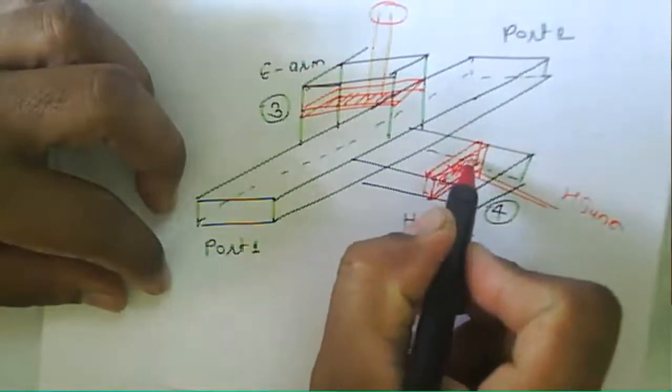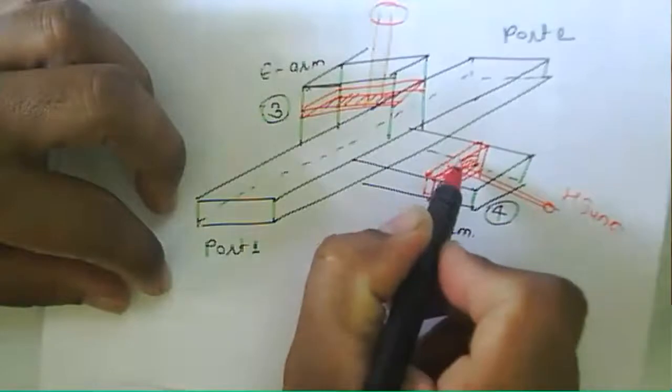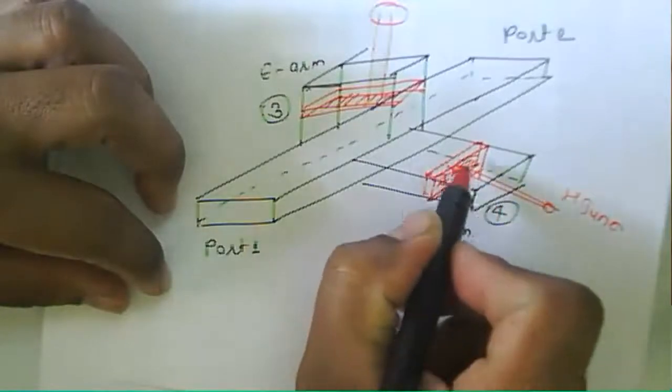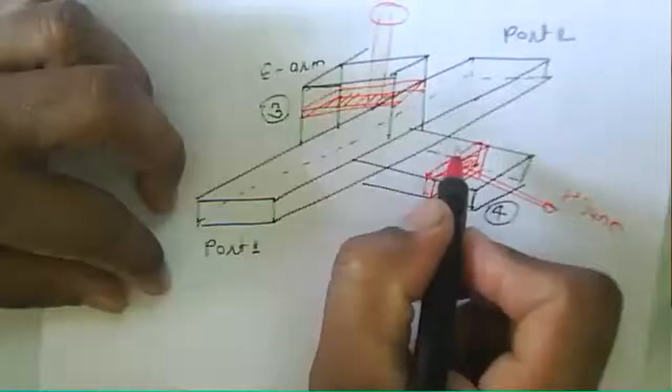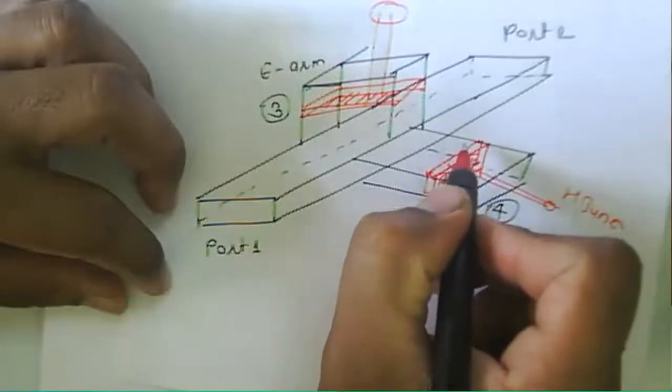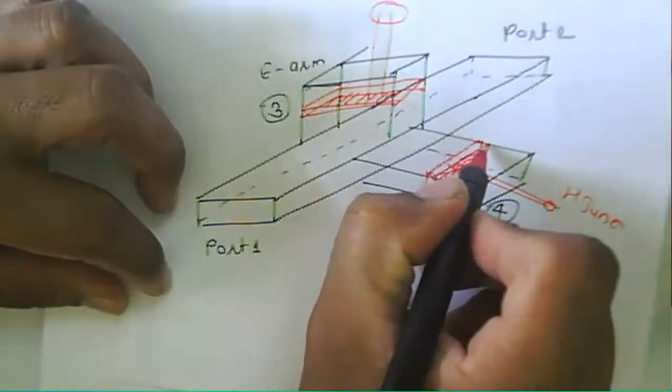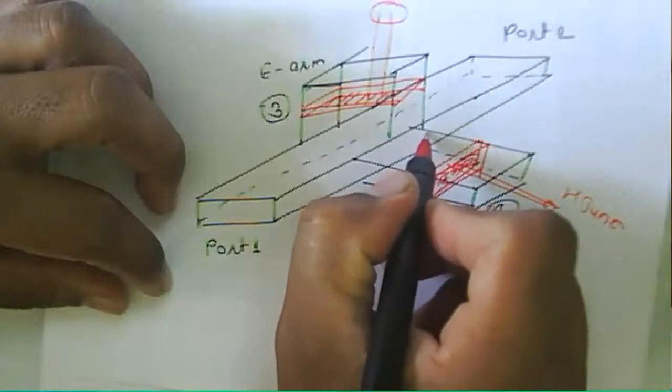This arm is a short. We can increase or decrease the variable length of that short, or simply a stub, from your junction.